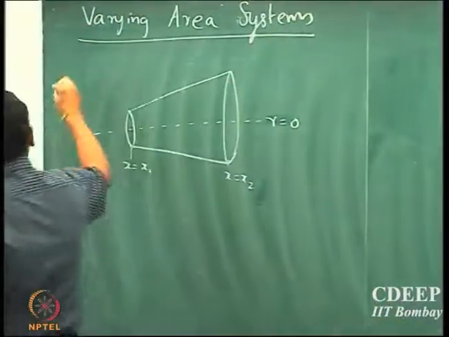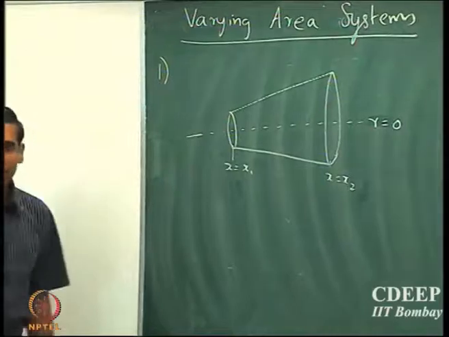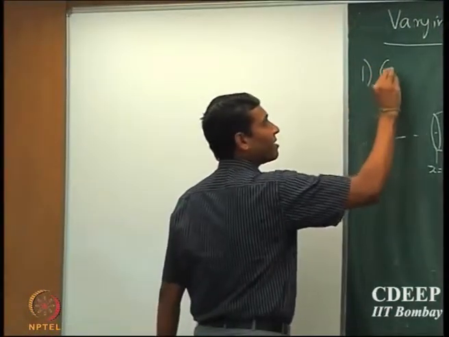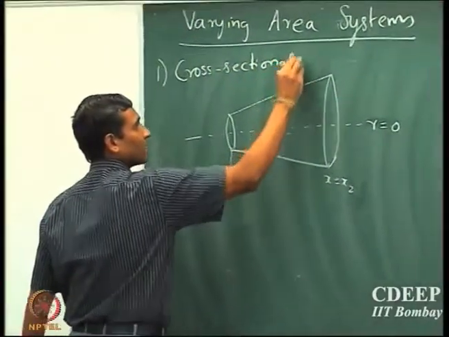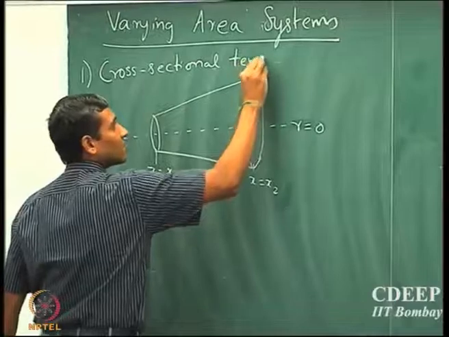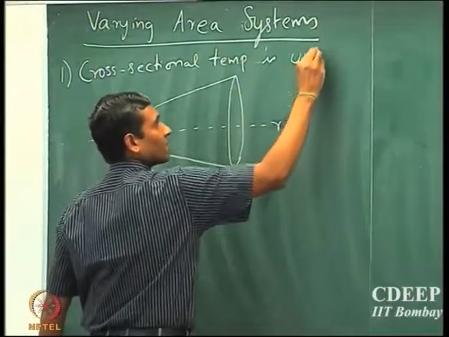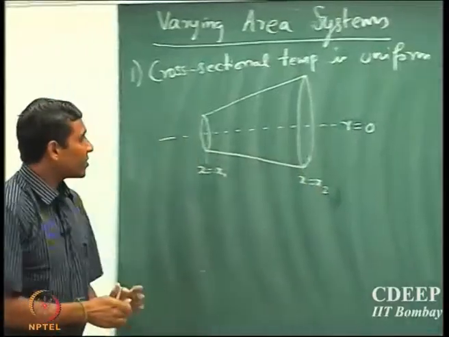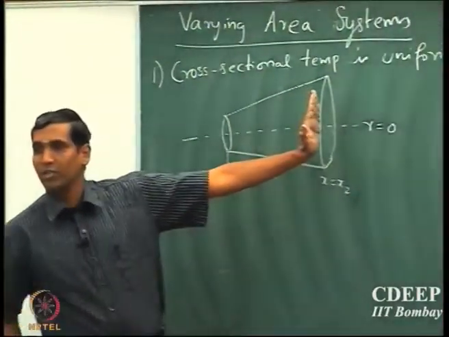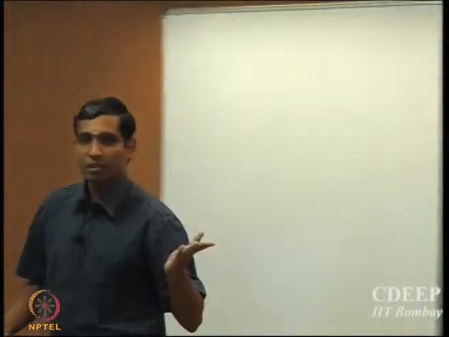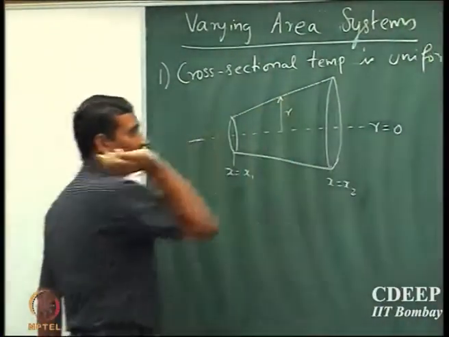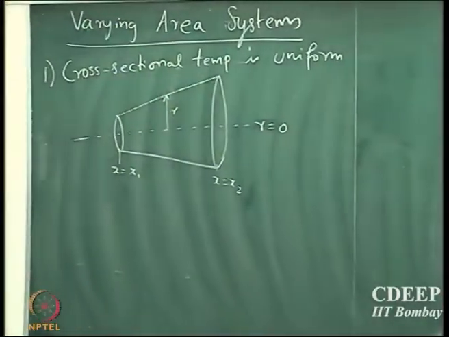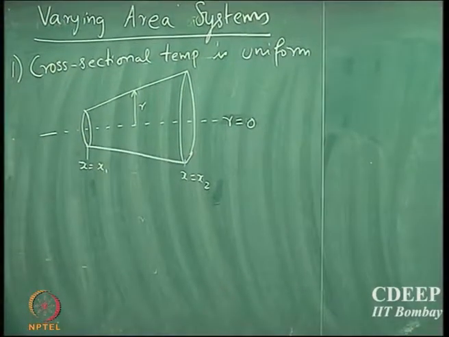I am going to make an assumption, because I am looking at 1D systems, that the cross sectional temperature is uniform. That means that at every cross section I assume that the temperature is uniform and the gradients are 0. Okay. So this is my radius at any location, and I could write my balance.